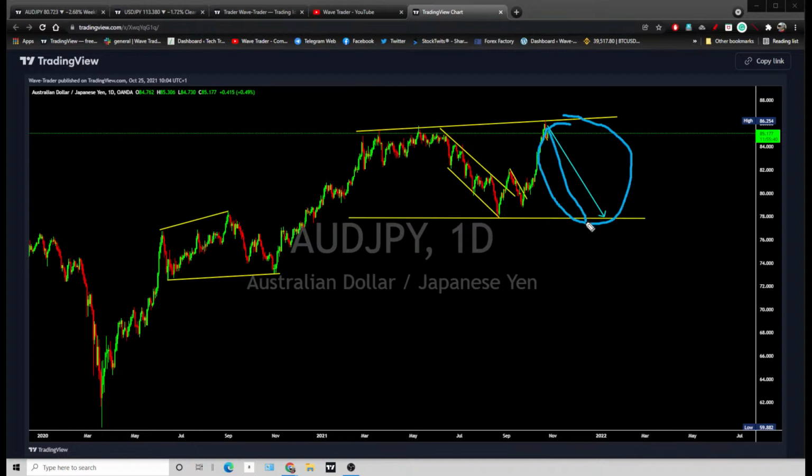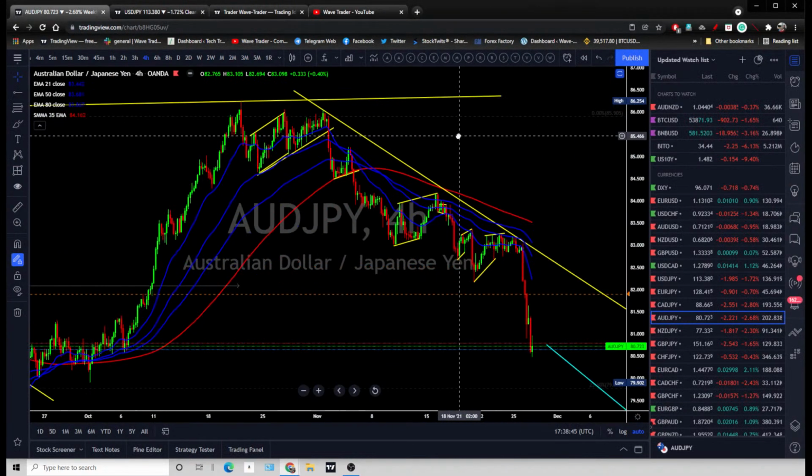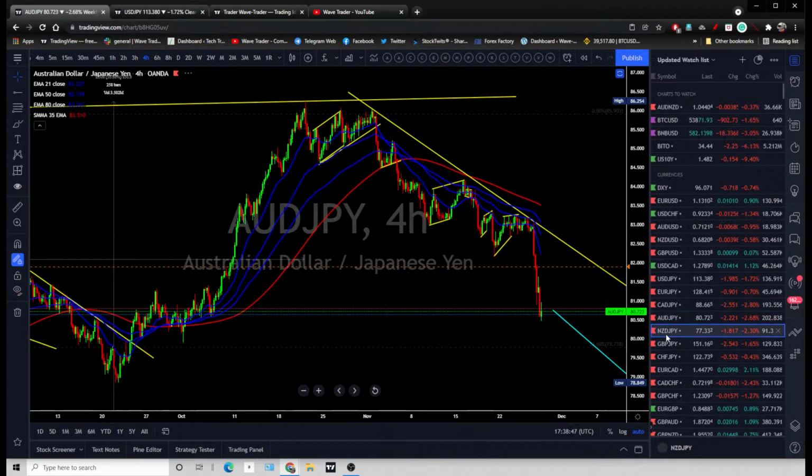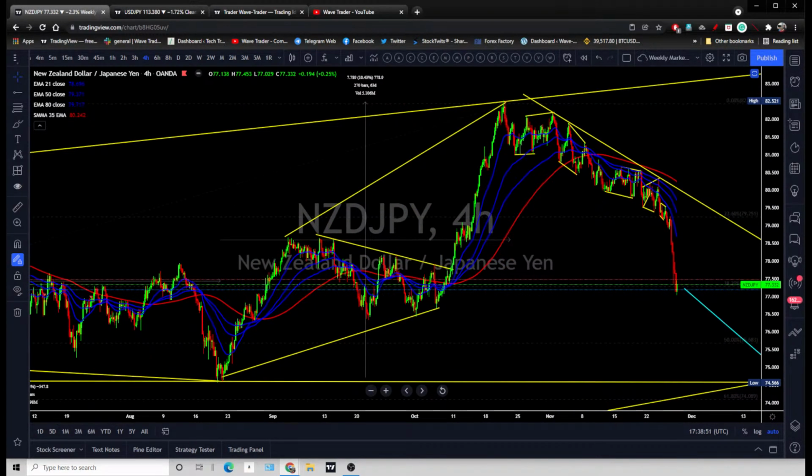A month of work. This wave, we were preparing for that move to happen a month ago. Now you may miss that show. Same goes with this chart. Hopefully you caught that trade too, guys.